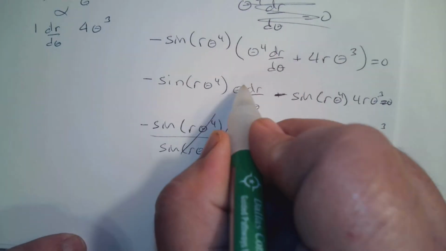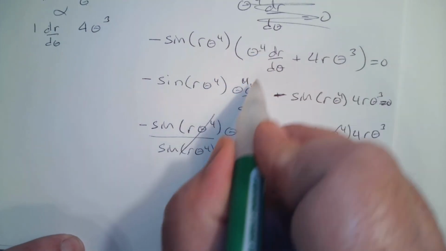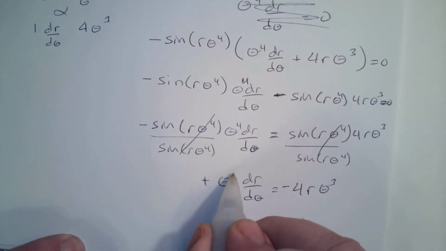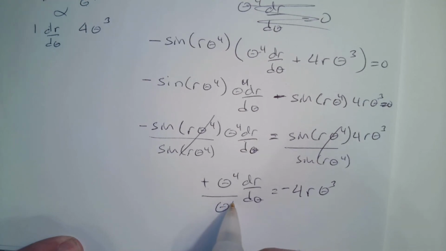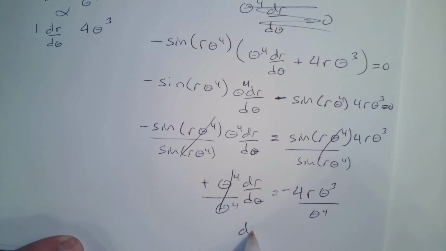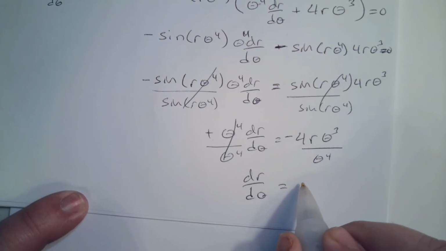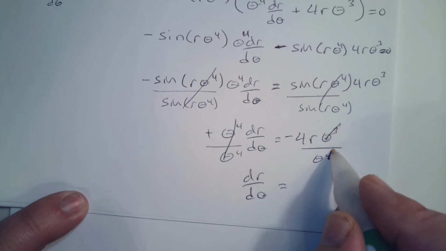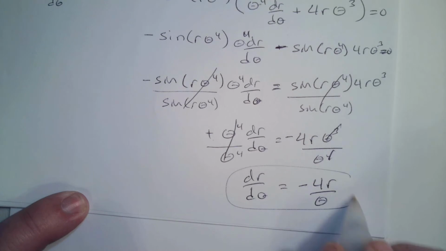So this, I'm sorry, this is r to the fourth, theta to the fourth. Yeah, right there. Divide by theta to the fourth. dr d theta equals, 3 of them canceled, negative 4r over theta.